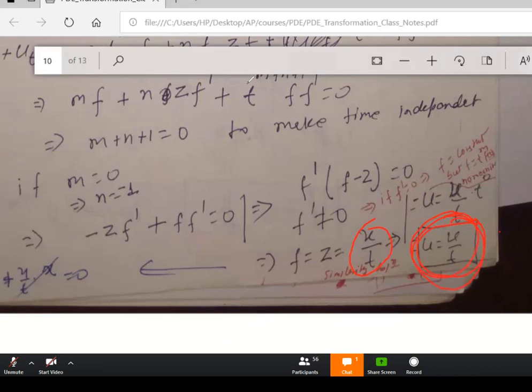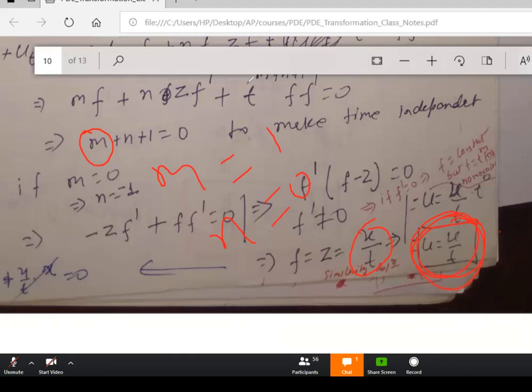Another, you can put here something. Let's say m is equal to 1 and n is equal to 0. If you are able to convert the partial differential equation in terms of ODE, and then you solve the ODE, then you will get another similarity solution.